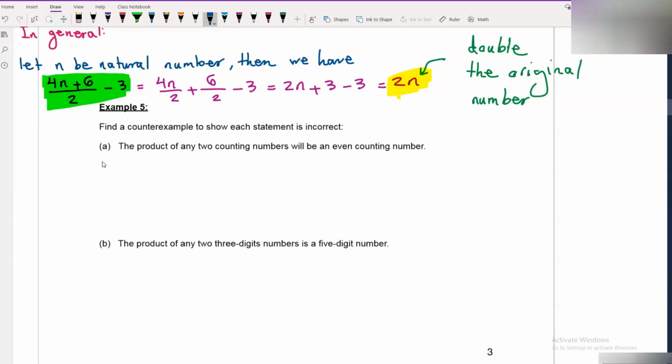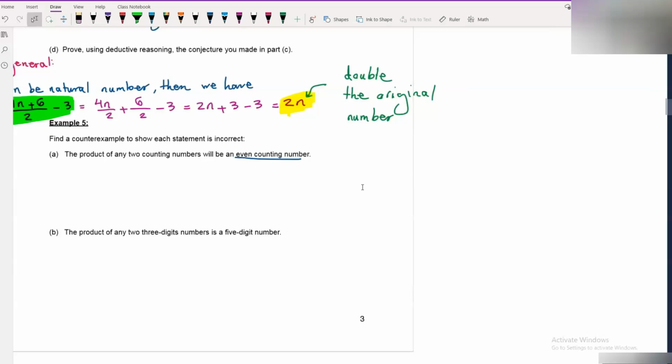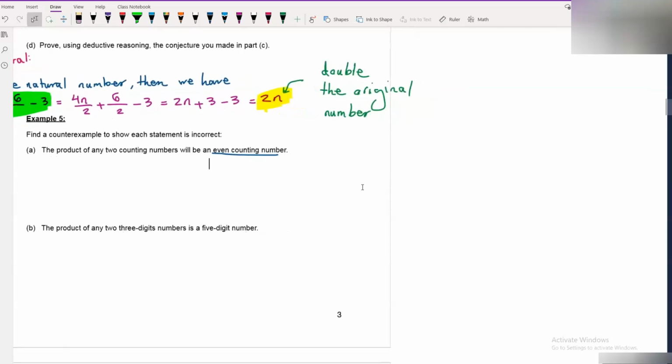Let's try these. Okay, first I'm going to write the definition for this part before starting to find the answer, because here we have even counting numbers. I'm sure all of you know, but I'm going to write it.